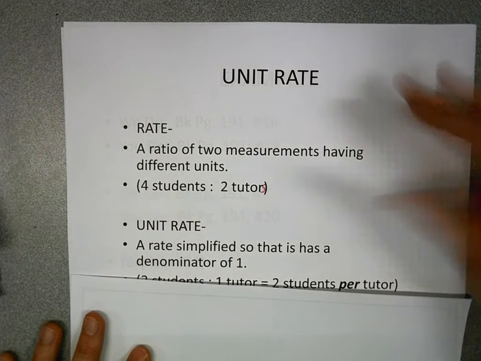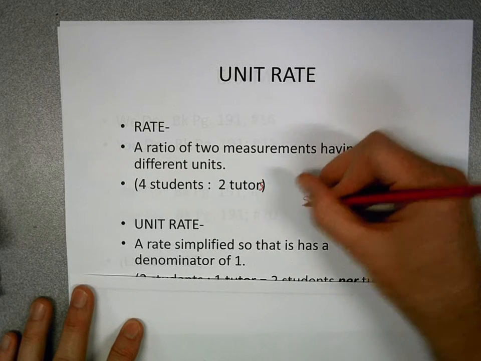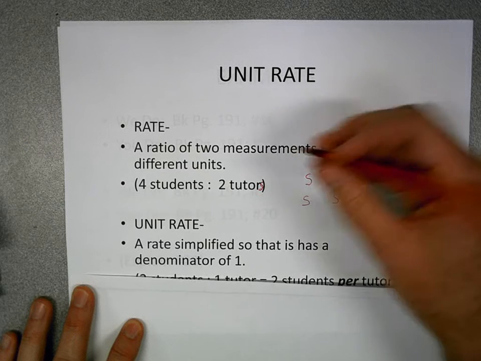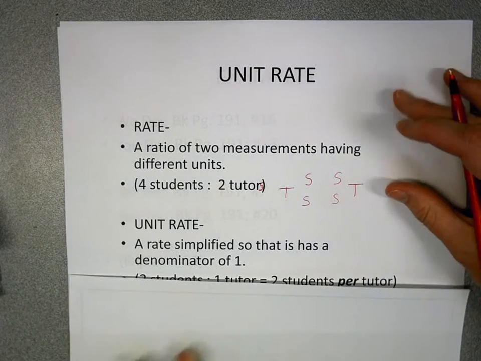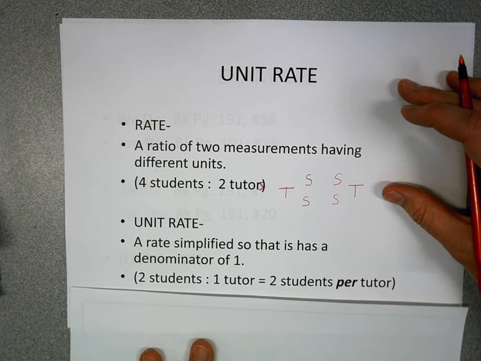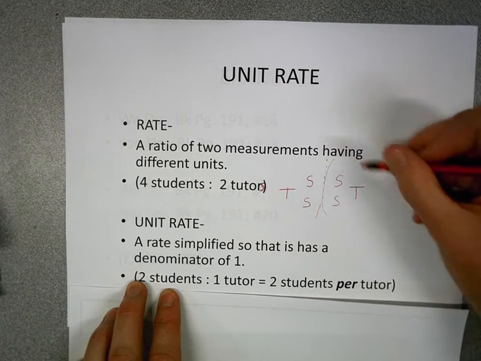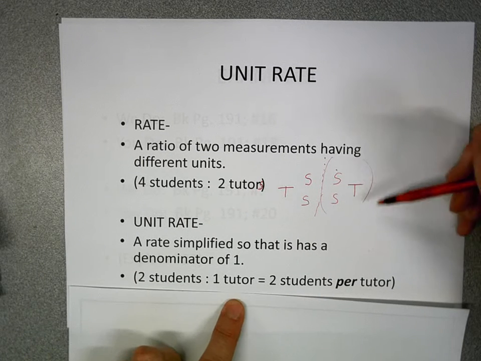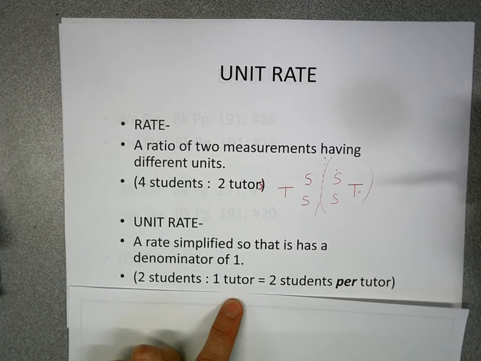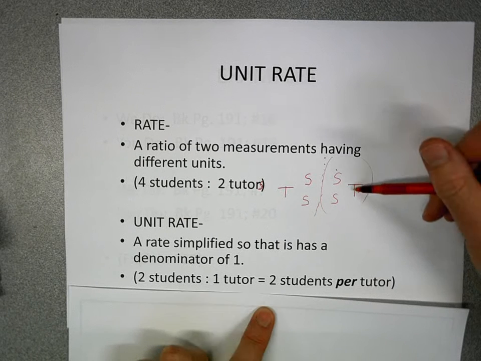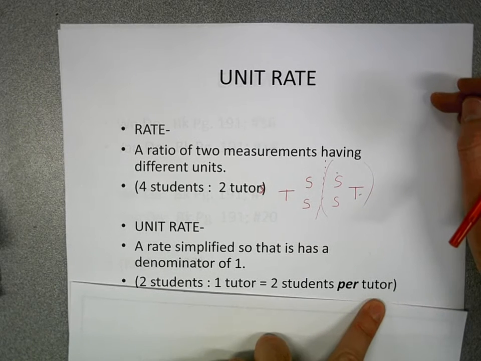Here's a student, here's a student, here's a student, here's a student, and you're in lab and here are 2 tutors. Well, a unit rate would be something like, if you're just talking about these here, 2 students for 1 tutor. However, here's how we write it: 2 students per tutor.